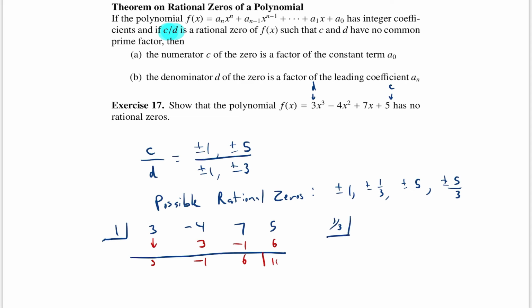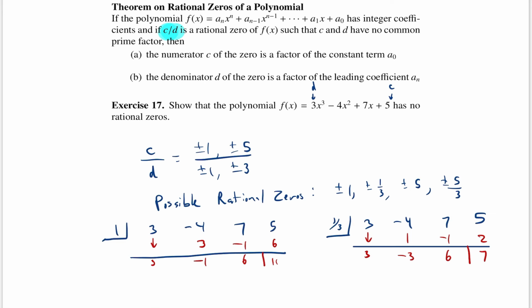Let's do one more. I'll do 1/3. So once again, you write out the coefficients, and you bring down the first term. If you multiply, you get 1. If you add, you get negative 3. If you multiply, you get negative 1. If you add, you get 6. If you multiply, you get 2. And as you can see, the remainder is not 0.